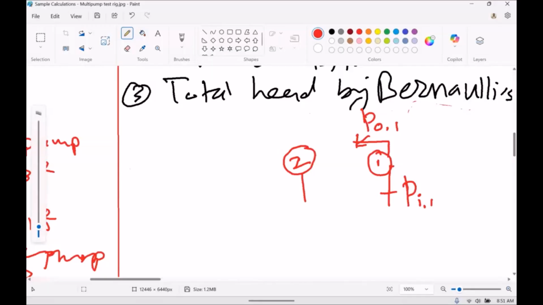Now this is the inlet for pump 2 and this is the outlet for the pump, and it goes to the outlet. So in series connection, this outlet is given to this inlet. So here the pressure is the inlet pressure for pump 2. So here the pressure is the outlet pressure for pump 2.